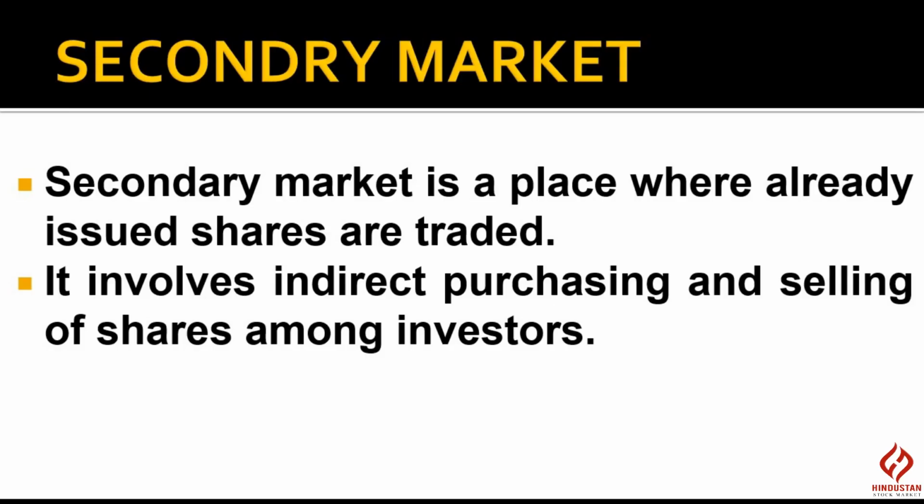So basically, once a company offers its shares through an IPO, it goes through the primary market. After that, it is traded among investors or the public through the secondary market. Both of these occur only in the stock exchange. And in the secondary market, brokers are the intermediaries.